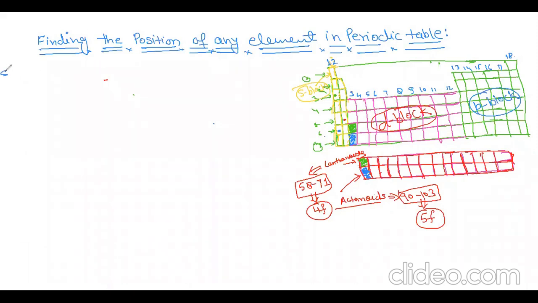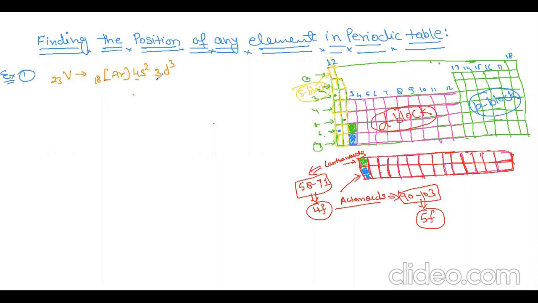Example number 1, an element with atomic number, I am just taking vanadium 23. First you write the electronic configuration, then argon 18, 4s2 and 3d3. This is the electronic configuration.